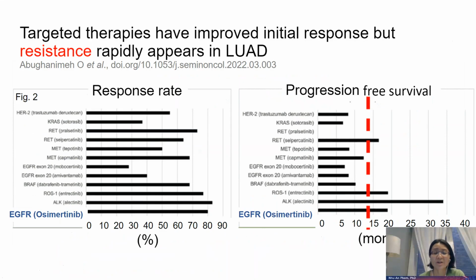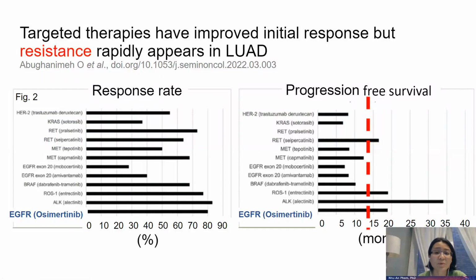So how does targeted therapy impact patient outcome? As you can see in the figure to the left, we have overall response rates on the y-axis, with respect to targeted therapy in the lung adenocarcinomas. We can see that initial treatment response is very high.